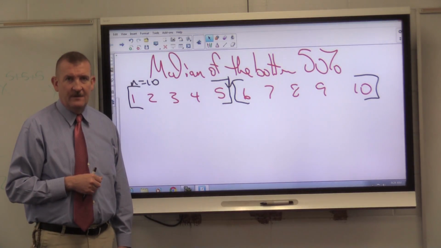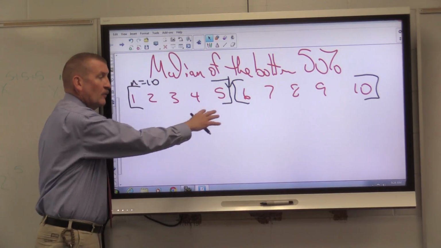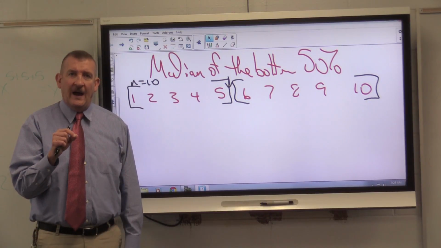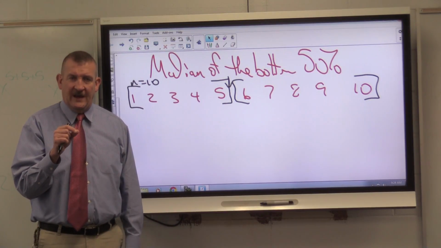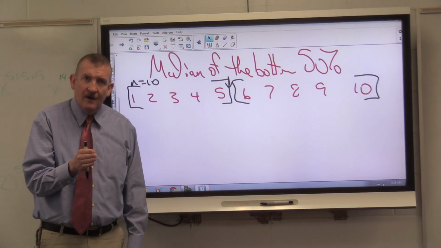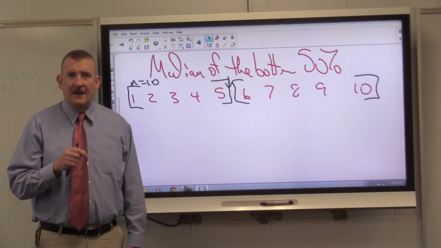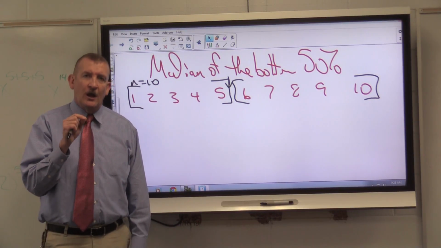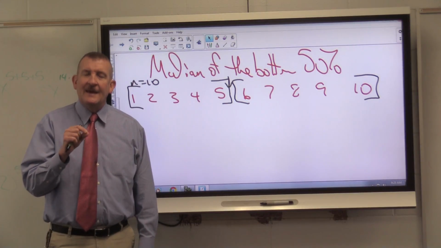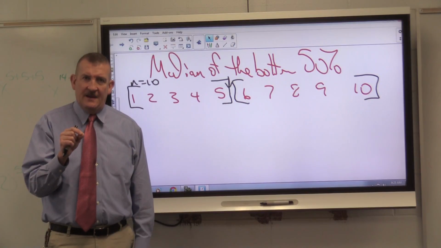There's 2 of them, because 25% plus 25% equals 50%. Your lower quartile, or again your first quartile, is basically the median of your lower 50%. Let me repeat that. Your lower or your first quartile, Q sub 1, is the median of your lower 50%.